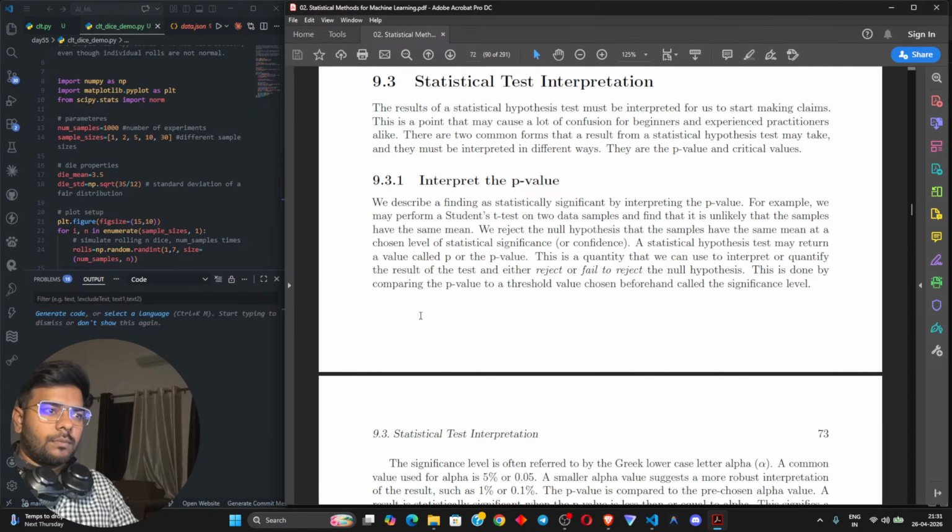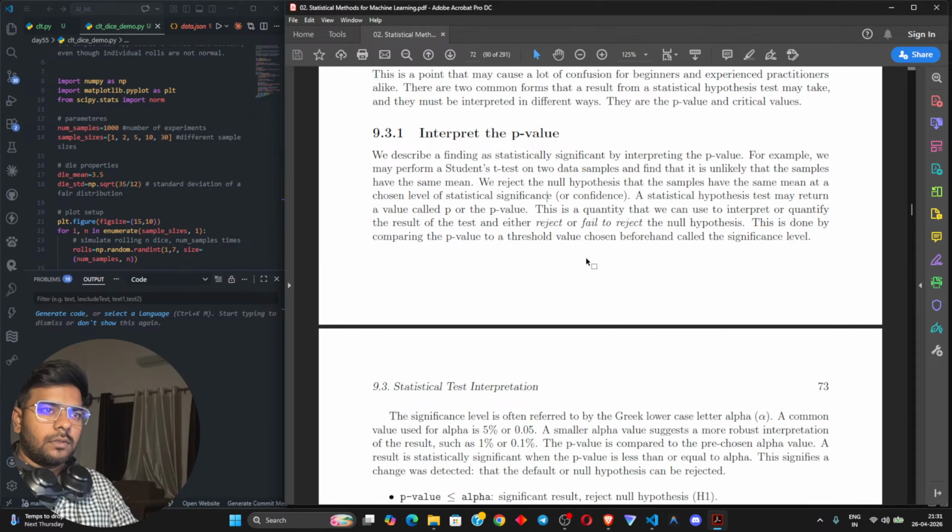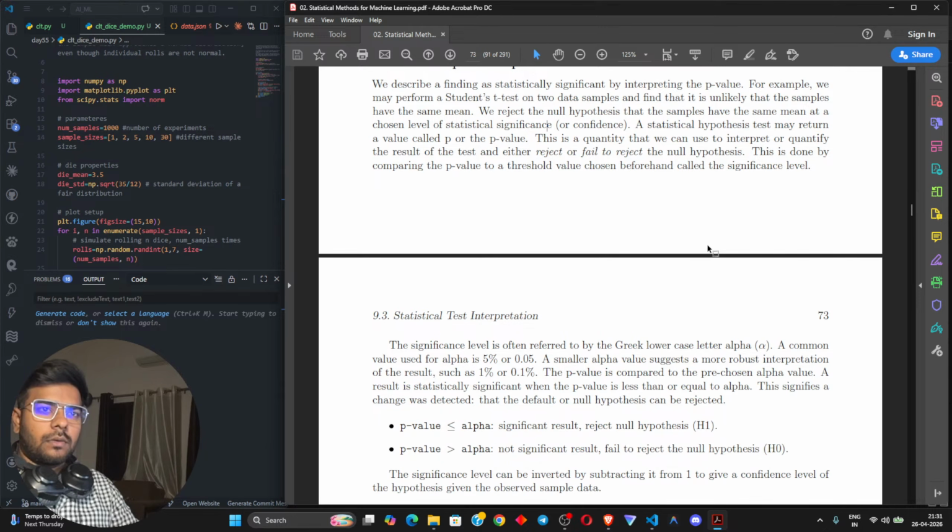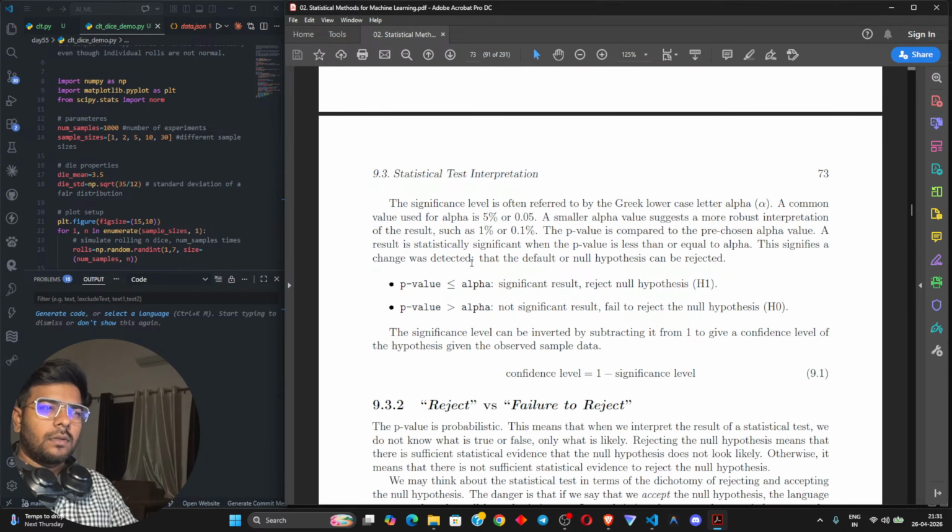This is done by comparing the p-value to a threshold value chosen beforehand, called the significance level, often denoted by the Greek lowercase alpha.